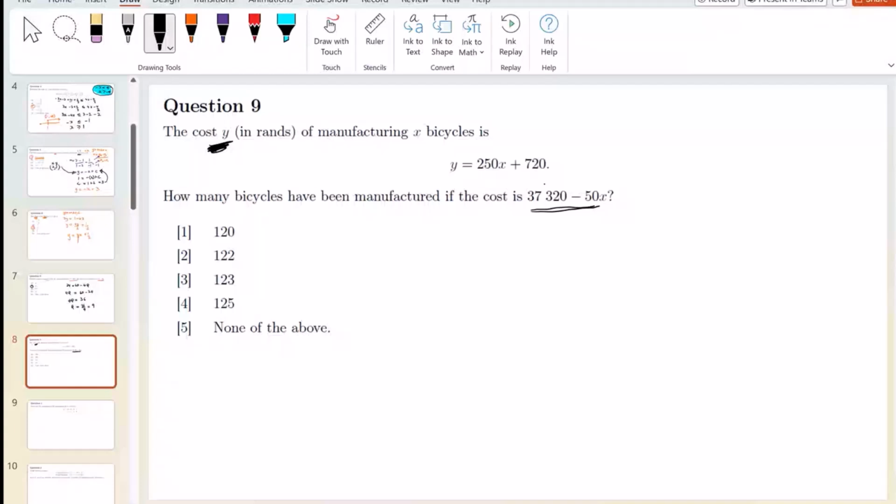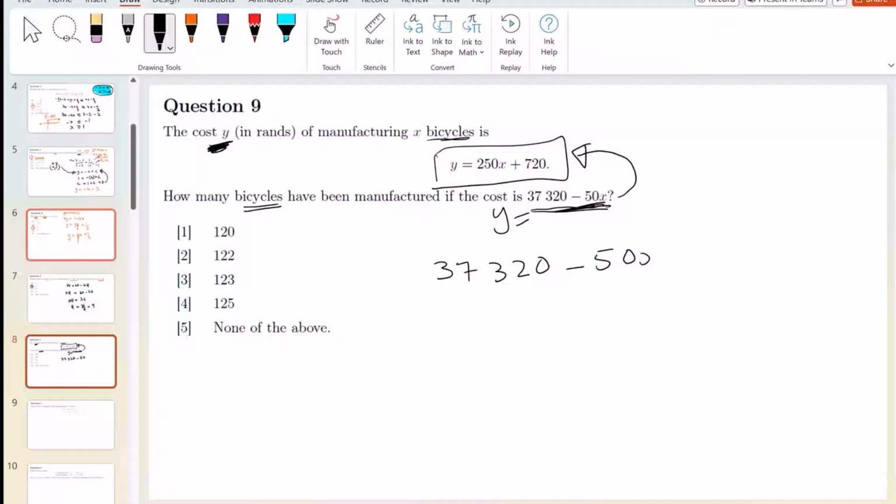That means you are going to substitute wherever you see a Y in your function and solve for X, because the bicycles are X. So you're looking for the bicycles. You are going to substitute this into that. So you're going to have 37 320 minus 50x, because you are told what the cost is.